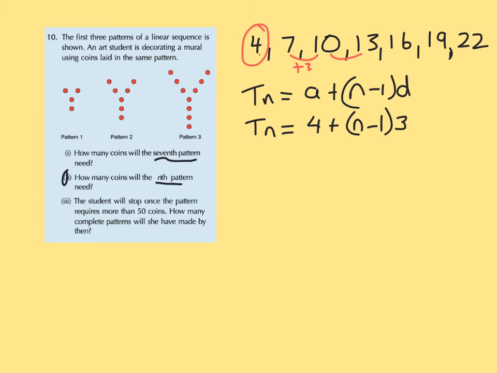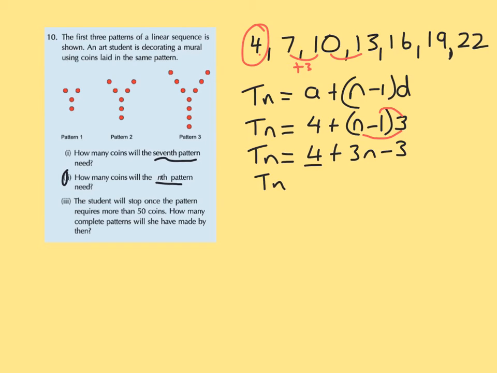Now you remember this from earlier in the week, 3 by n and then 3 by minus 1, so we have to multiply them. So I get Tn is equal to 4 plus 3 by n gives me 3n, 3 by minus 1 gives me minus 3.